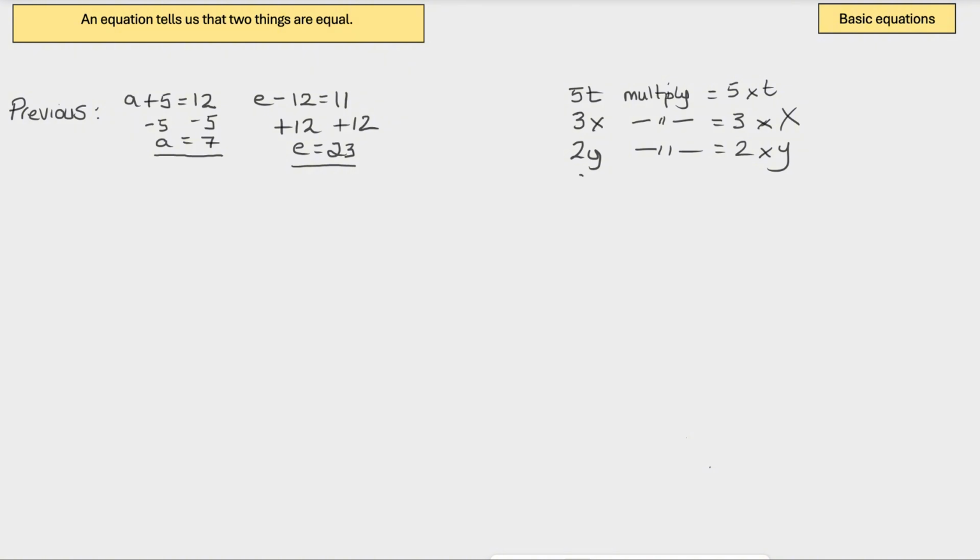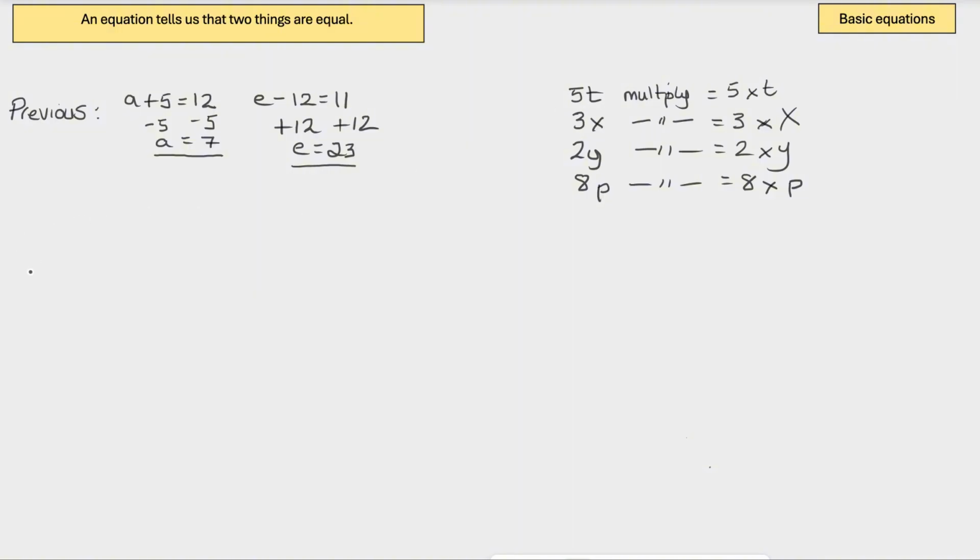And then another one. 8p. Means to multiply 8 times p. Okay? So you need to know that when it looks like this, it means multiply. It's stuck to it. You can't separate it.